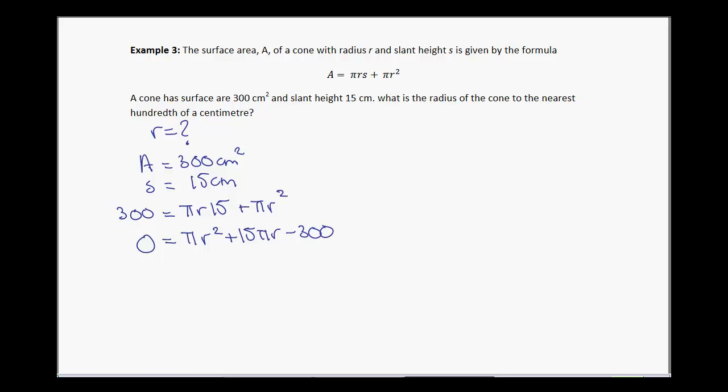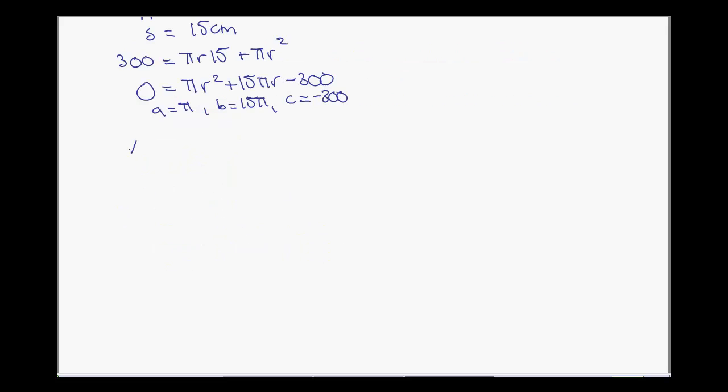So here we'll need to use our quadratic formula to solve, and we have a equaling pi, b equaling 15 pi, and c equals negative 300. Plugging into our formula, x equals negative b plus or minus the square root of b squared minus 4ac, all over 2a.